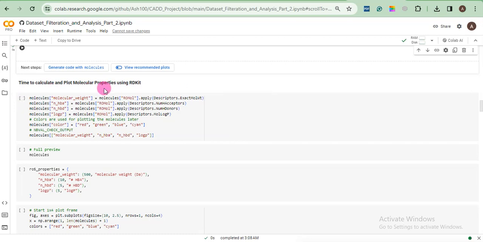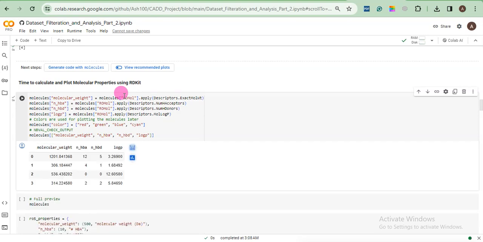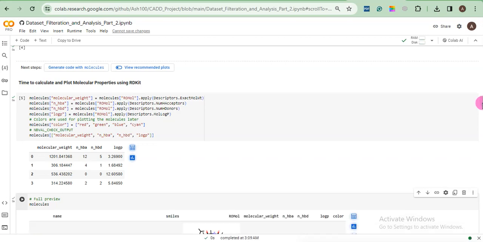So first of all, we will calculate the properties for these 4 molecules, or I would say the Lipinski rule for these 4 molecules. So right now we have calculated 4 properties: molecular weight, hydrogen bond acceptor, donor, and log P. Preview.